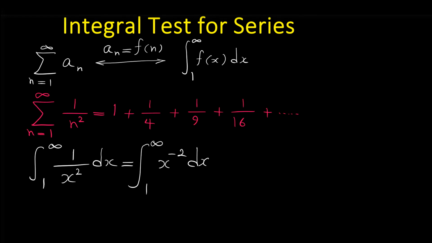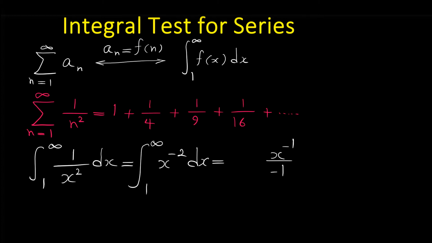The integral of x to the negative 2 dx, based on the power rule for integrals, is x to the power of negative 2 plus 1 over negative 2 plus 1. Negative 2 plus 1 is negative 1, and the denominator is also negative 1. So the integral equals x to the power of -1 over -1.